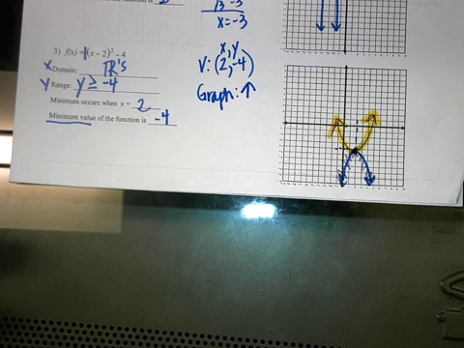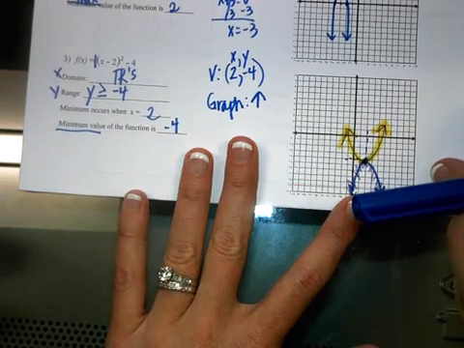Where if it's a fraction, like 1/2, 1/3, then that will make it a wider graph, because you'd be going over 1, up 1/3 in each direction. Does that make sense? Okay. All right, any other questions?